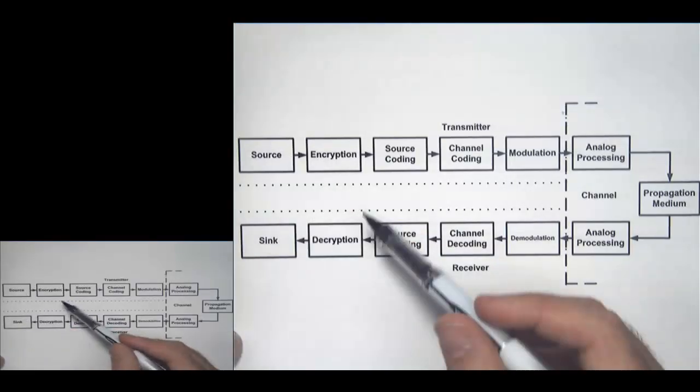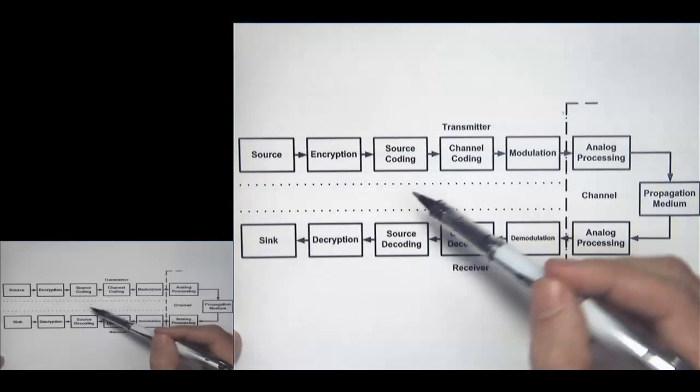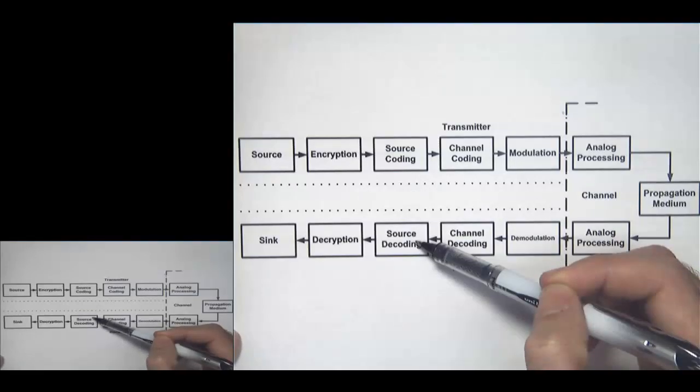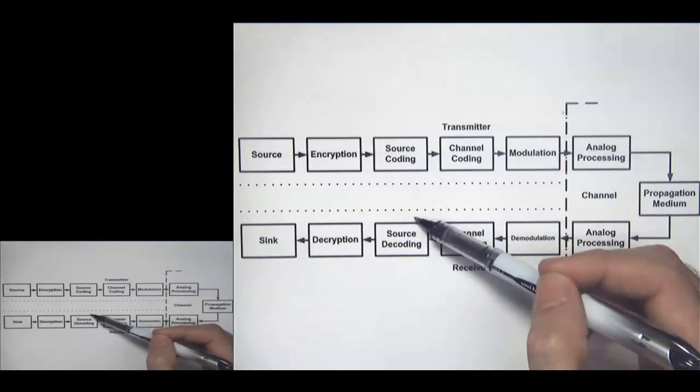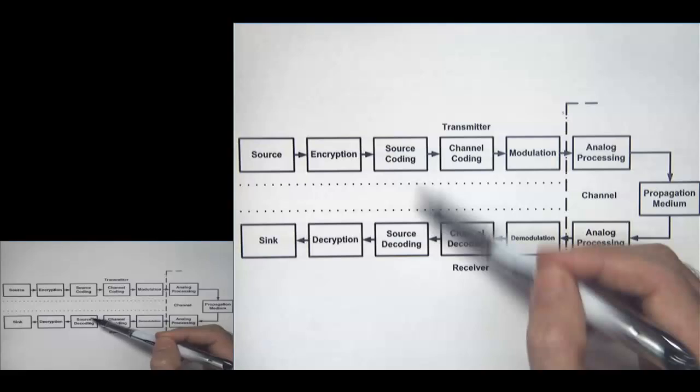And then we talked some about encryption and decryption, used to make that transmission secure, whatever that means these days. Source coding and decoding. This is where we're going to compress the source, to reduce the amount of bits that we actually need to send. Often this is done at the application, though it depends exactly on the system.